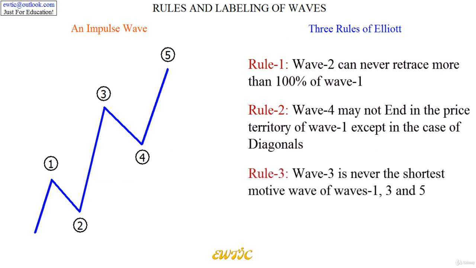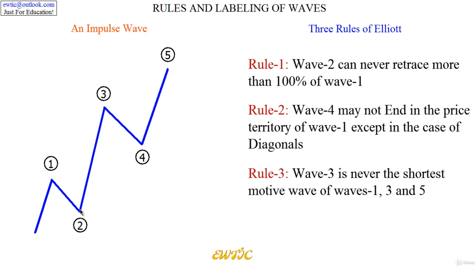The third rule is wave 3 is never the shortest motive wave of waves 1, 3 and 5. Means when you compare the lengths of waves 1, 3 and 5, the length of wave 3 must not be the shortest of all.